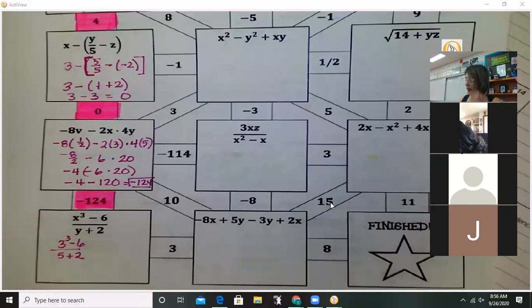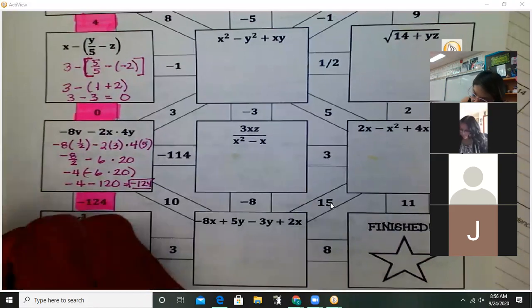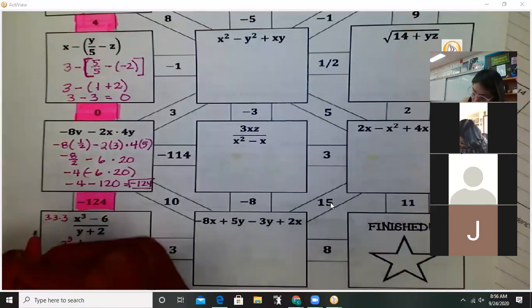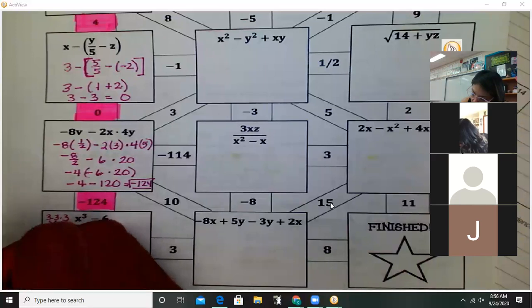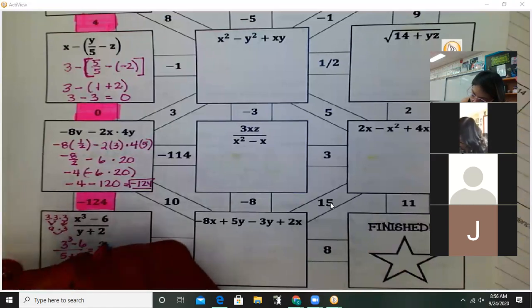Now, I want to remind you about your exponents. 3 to the third is not 9. I don't multiply 3 times 3. 3 to the third is 3 times 3 times 3. So 3 times 3 is 9. 9 times 3 is actually 27.